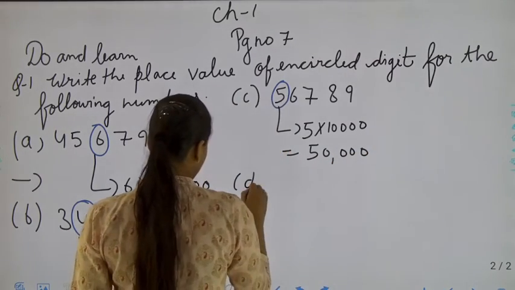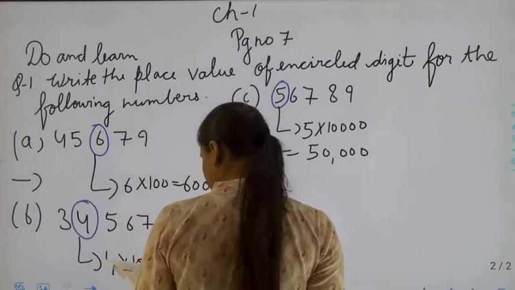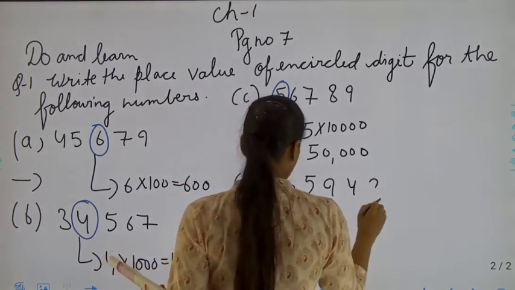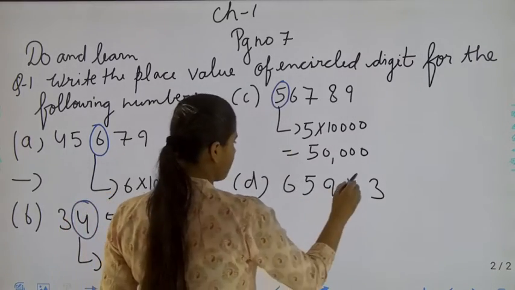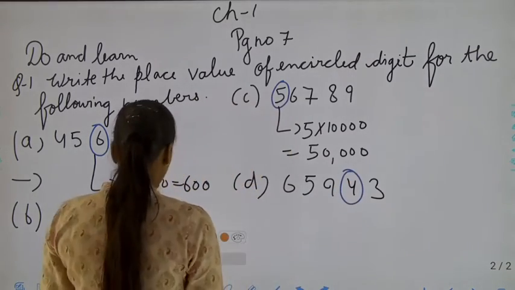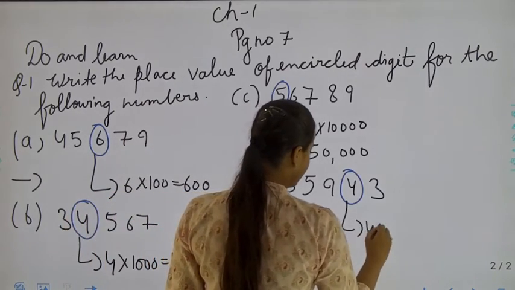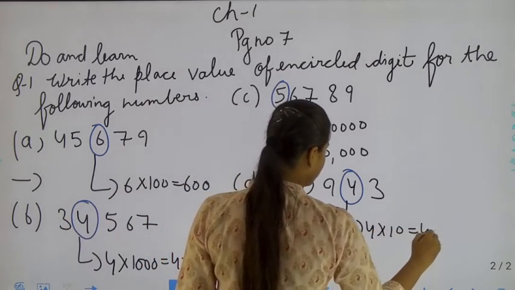Now move to the next part, that is D part, 65,943. Again we have to tell the place value of 4. So it will be 4 multiplied by 10, it will be 40.